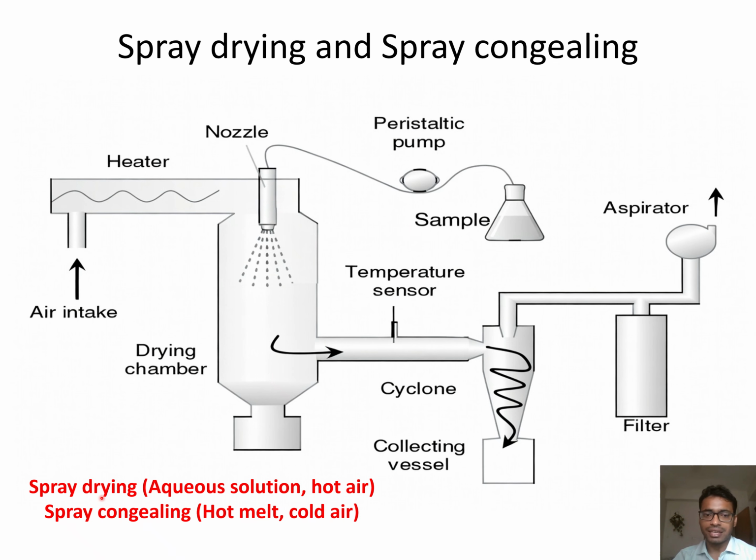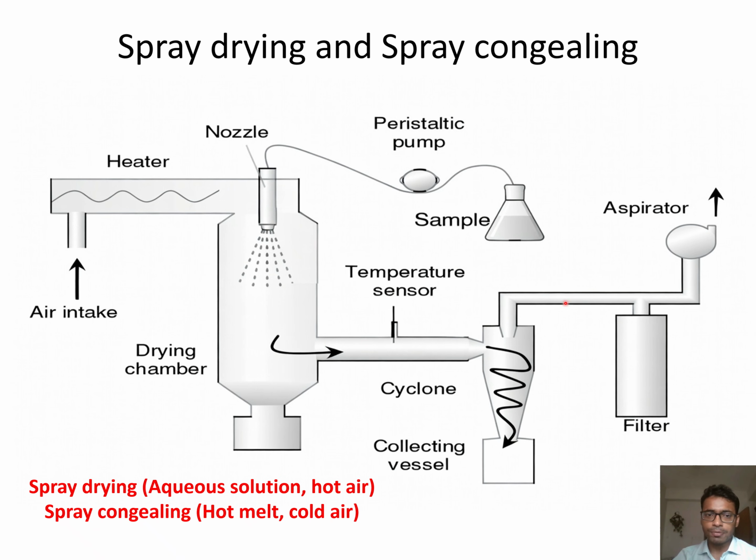The main difference is that for spray drying, an aqueous solution and hot air are used. But think, if we used cold air and used a hot melt instead of an aqueous solution, it's not actually a solution, it's some sticky material, the hot melt, then this process would be spray congealing.